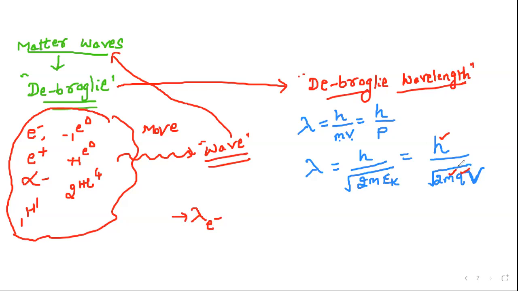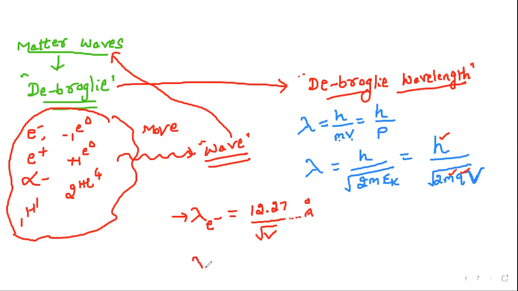So if you substitute all those values and simplify, you will finally get 12.27 divided by root V, and remember, this is in angstrom. So the shortcut formula directly for the de Broglie wavelength of an electron is 12.27 divided by root V, in angstrom.